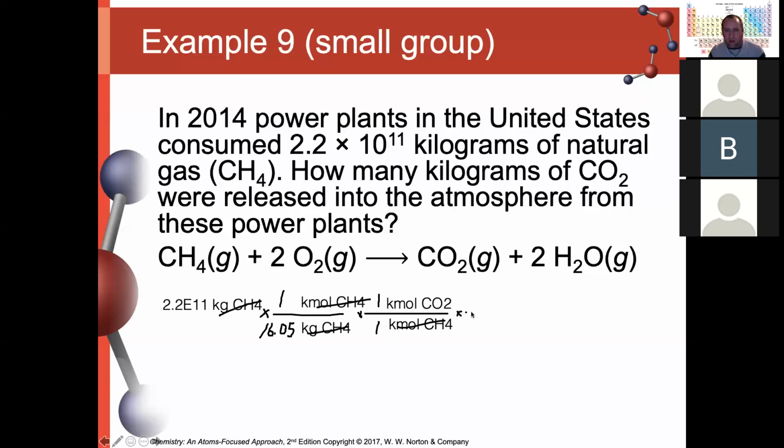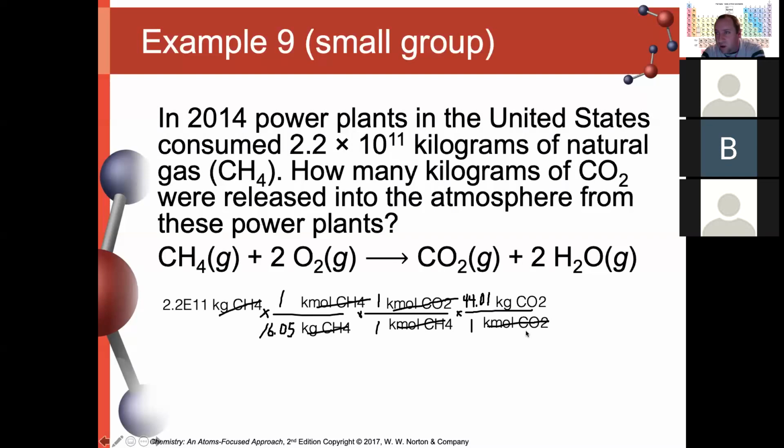And then finally, kilomoles of carbon dioxide to kilograms of carbon dioxide. And as we saw in the previous problem, the molar mass of carbon dioxide is 44.01. So your process probably looked very similar to this.